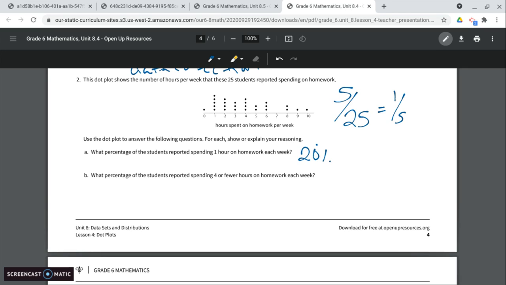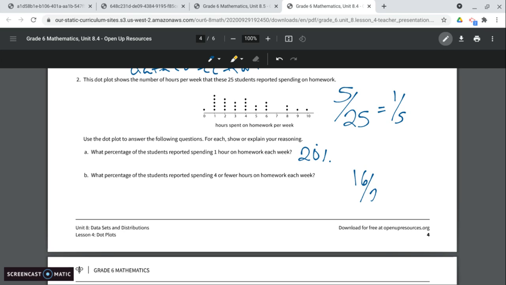What percentage of the students reported spending 4 or fewer hours on homework each week? Well, if we look, there's only 1, 2, 3, 4, 5, 6, 7, 8, 9. So if we take 25 minus 9, we get 16.